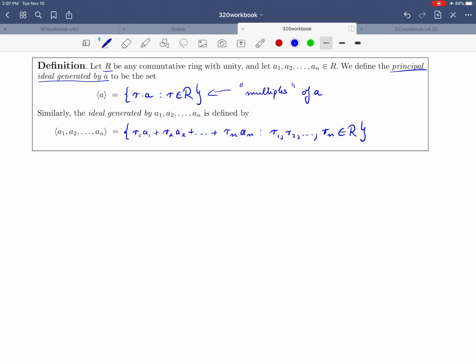So let's look at an example. 3Z is a principal ideal of Z. So the one that we saw before is the principal ideal generated by 3.